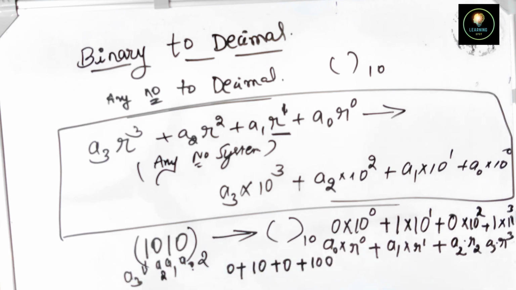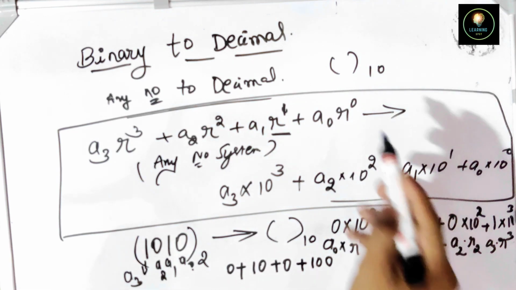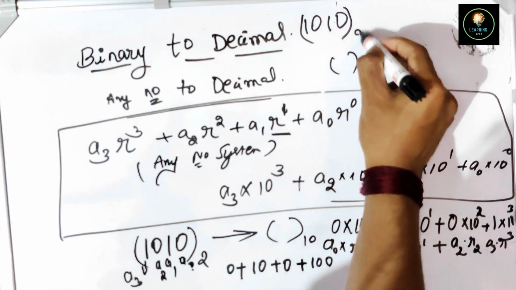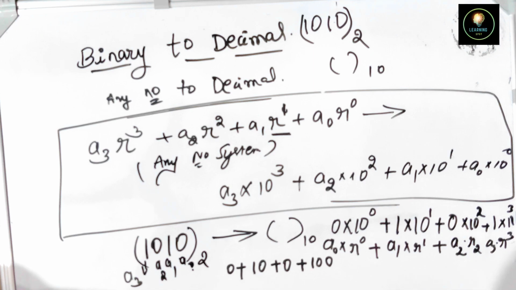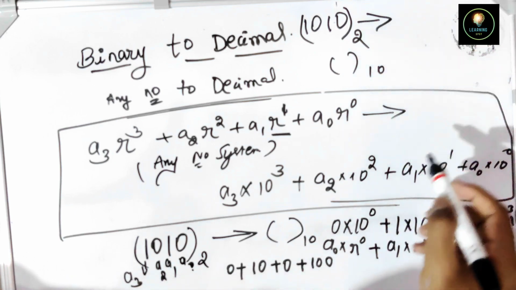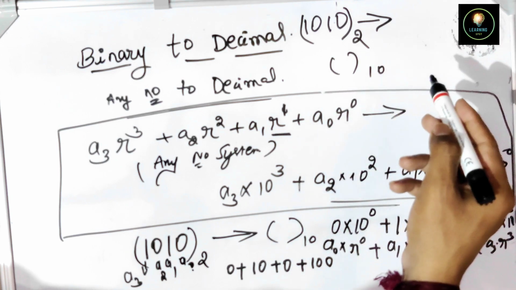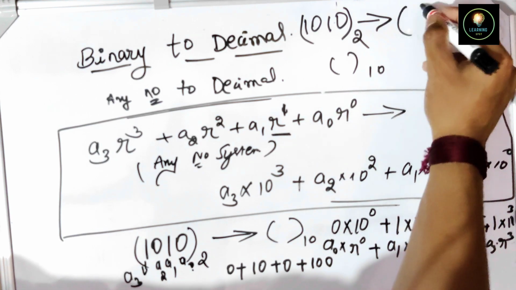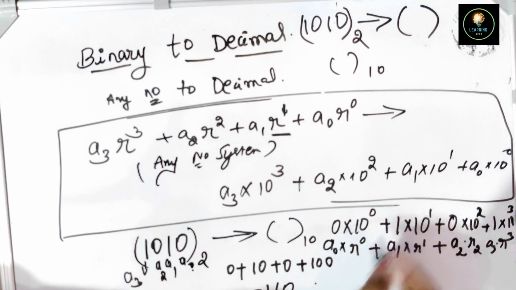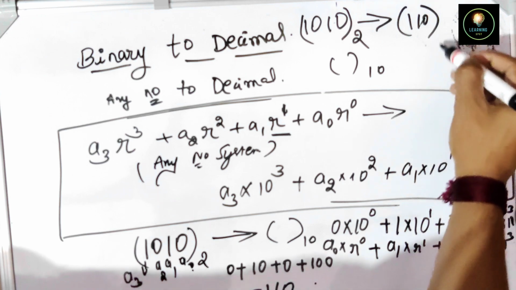So finally, the value of 1010 in binary, in decimal, is nothing but 1010.